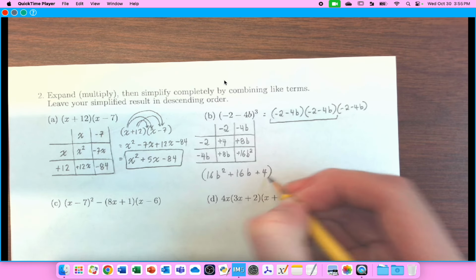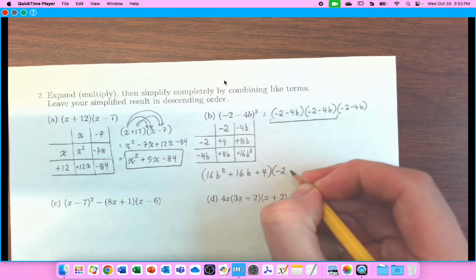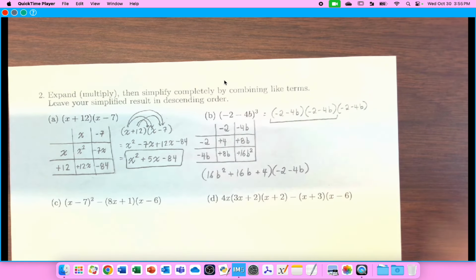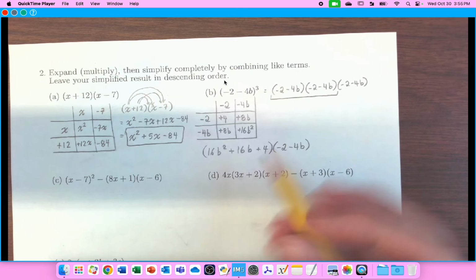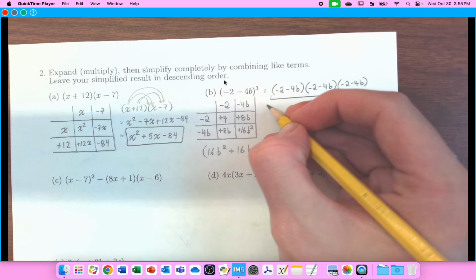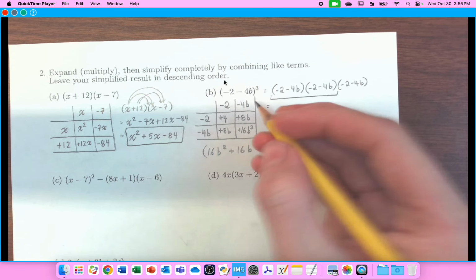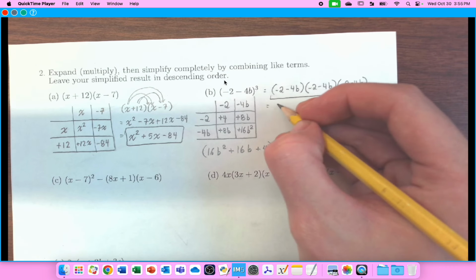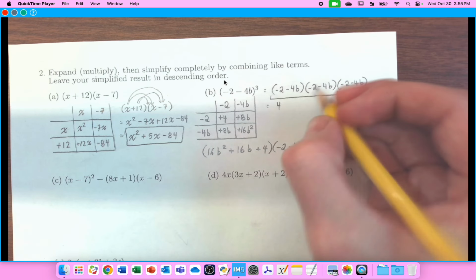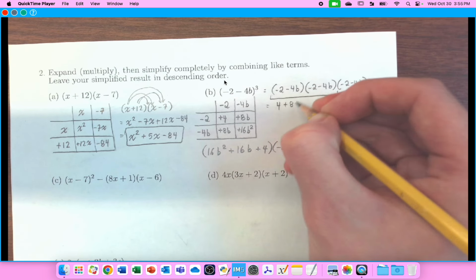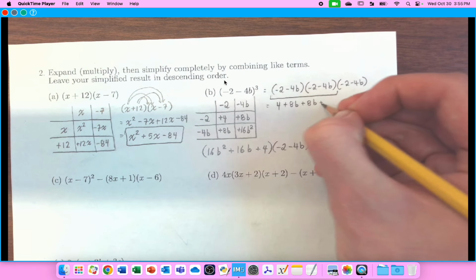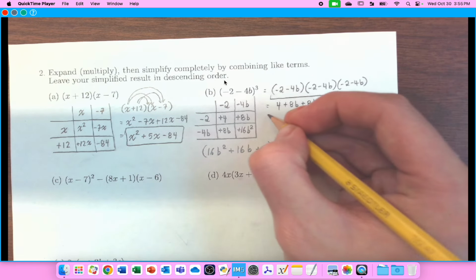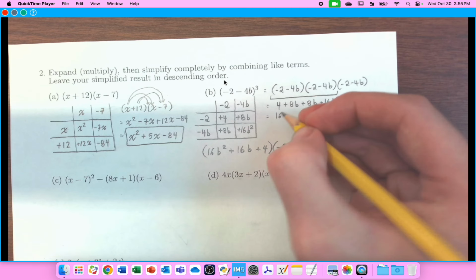And that is now what I'm multiplying by negative 2 minus 4b. So I'm just double checking. If I were to FOIL, would it have been the same thing? Just because I'm a little more used to FOILing. 4 plus 8b plus 8b plus 16b squared. Yeah, it would have technically worked out the same way.